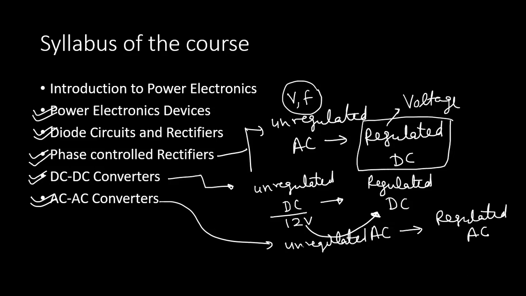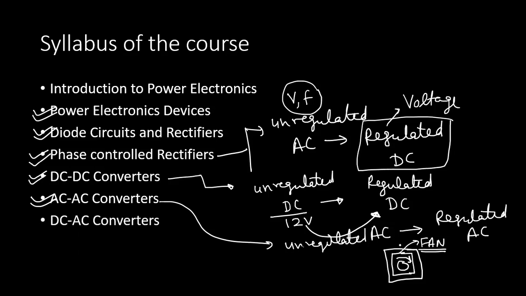The best example of this AC to AC converter is the fan controller that you see in your home, where you have a knob and by which you can change the voltage appearing at the fan, by which the speed of the fan is controlled. This particular device, the knob or the fan regulator, you could say, is nothing but a power electronic device.